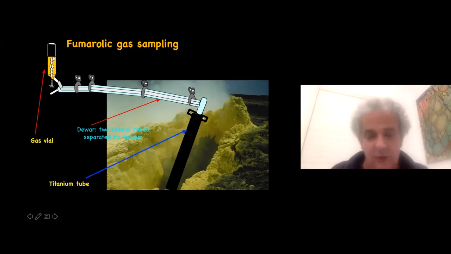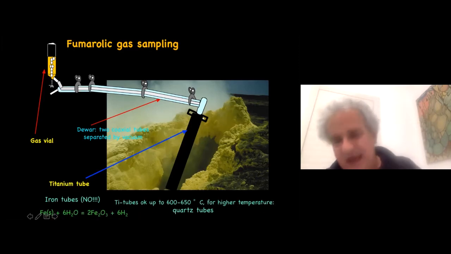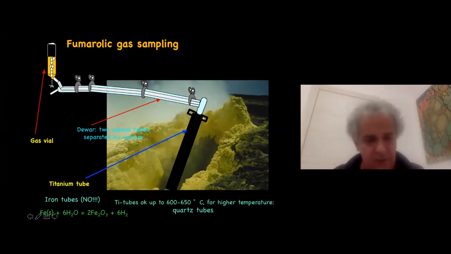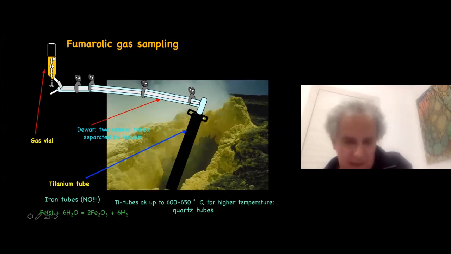We use titanium tubes when we are dealing with high temperature, because in the past they used iron tubes, but you can see by this reaction, the reaction between iron and water and acids, as they are present in the fumarole gases, produces hydrogen, and hydrogen is a typical gas that you may find in fumaroles.